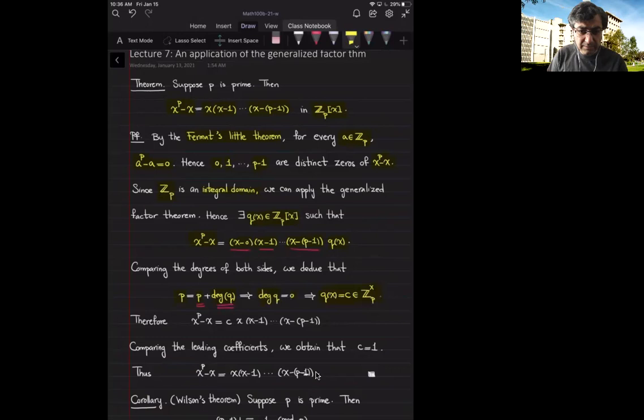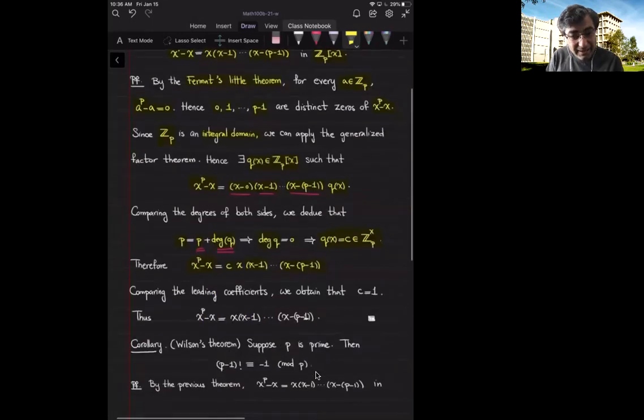And every non-zero element is a unit in Z_p. That means x to the power p minus x is this non-zero constant c times the polynomial x times (x minus 1) ... (x minus (p minus 1)). Now we compare the leading coefficients of both sides. The leading coefficient of the left-hand side is 1, and of the right-hand side is c.